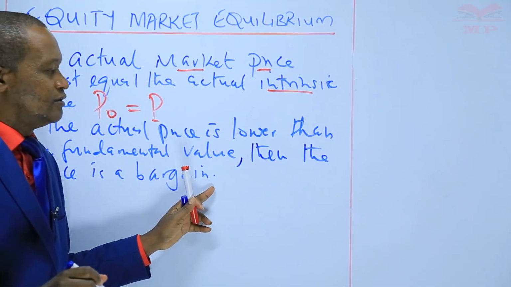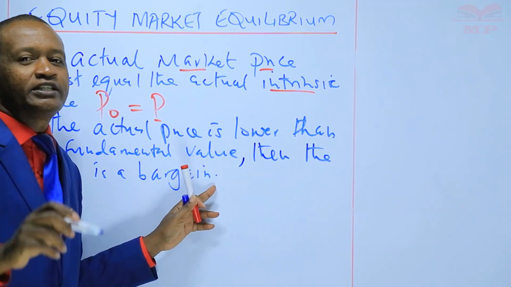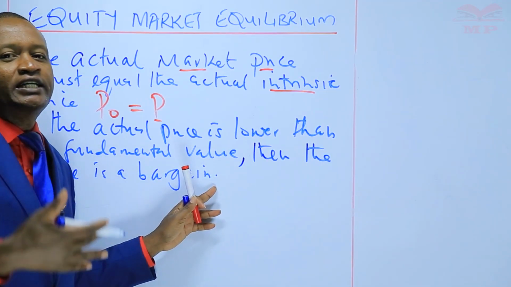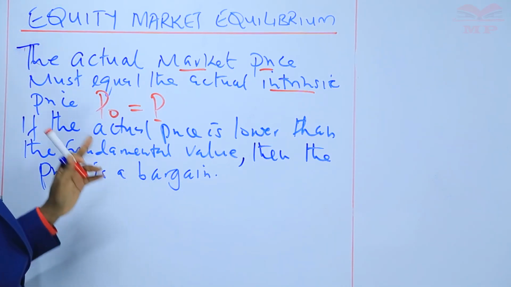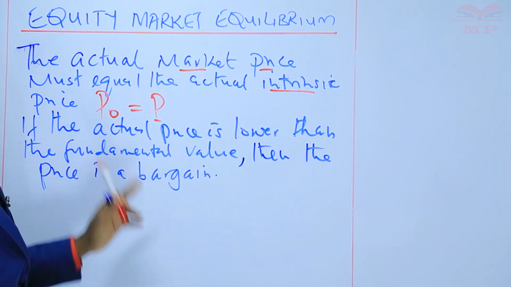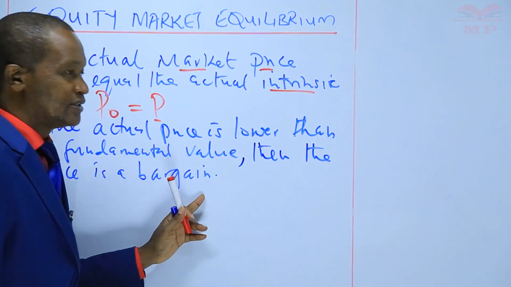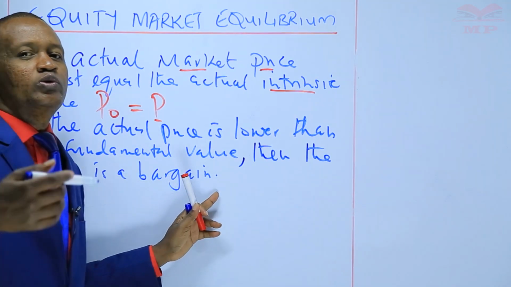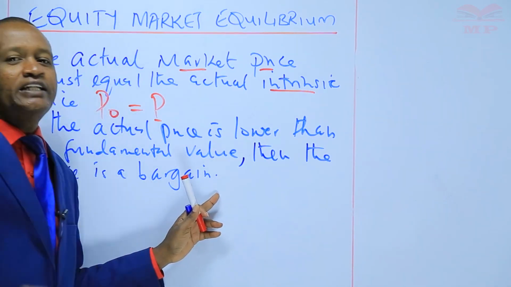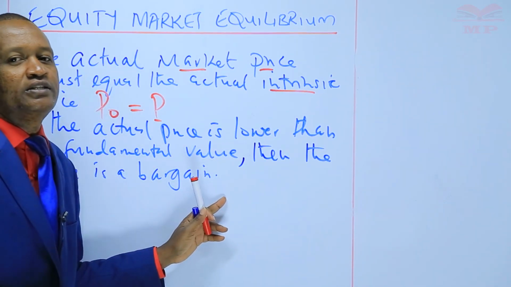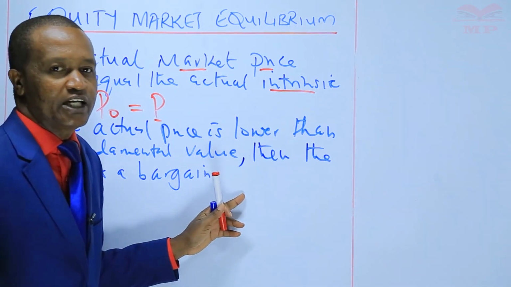And therefore buy orders will exceed sell orders, because the price is a bargain. Buy orders will exceed the sell orders.